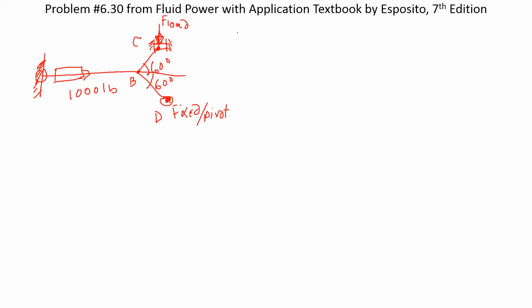Under this condition, the easiest way to find forces, whenever you have all the angles known, so we know this angle is 120 degrees, and also this angle is 120 degrees because this one is 120, so that makes 360. When you have all these angles available, the easiest way to find forces, if one is known, is to apply the sine law.